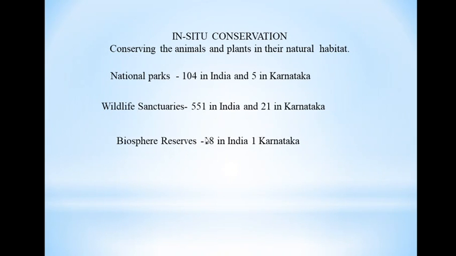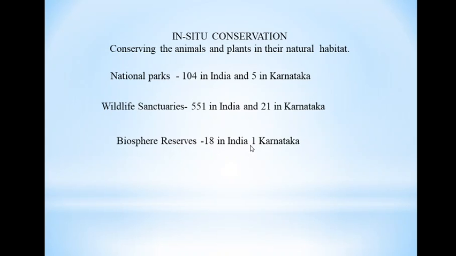Next, biosphere reserves. Biosphere reserves are larger areas where the whole ecosystem is protected, including soil, water, the atmosphere, flora, fauna, everything is considered and protected. It comes under UNESCO. UNESCO considers these biosphere reserves, and there are 18 biosphere reserves in India.